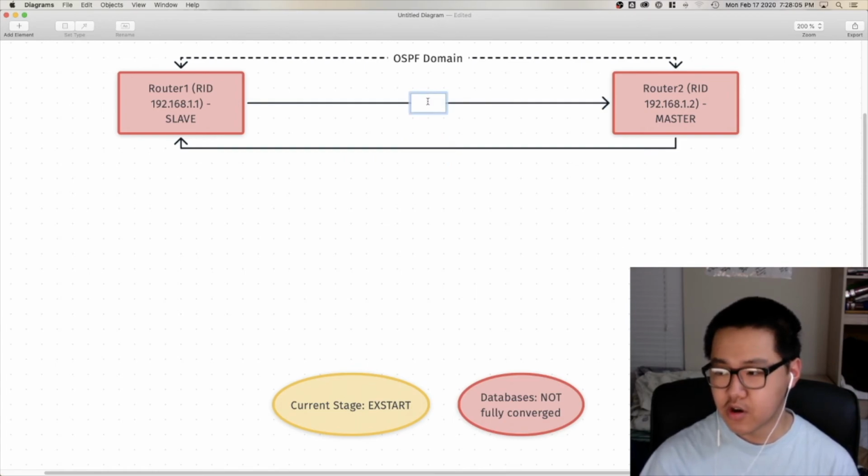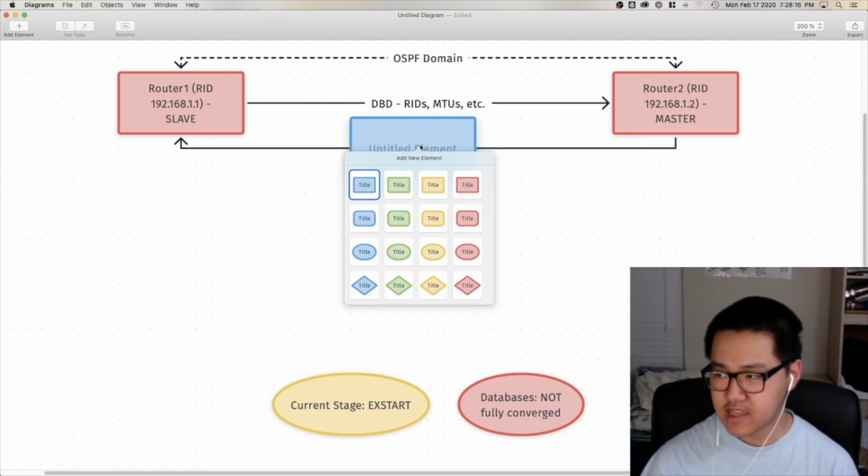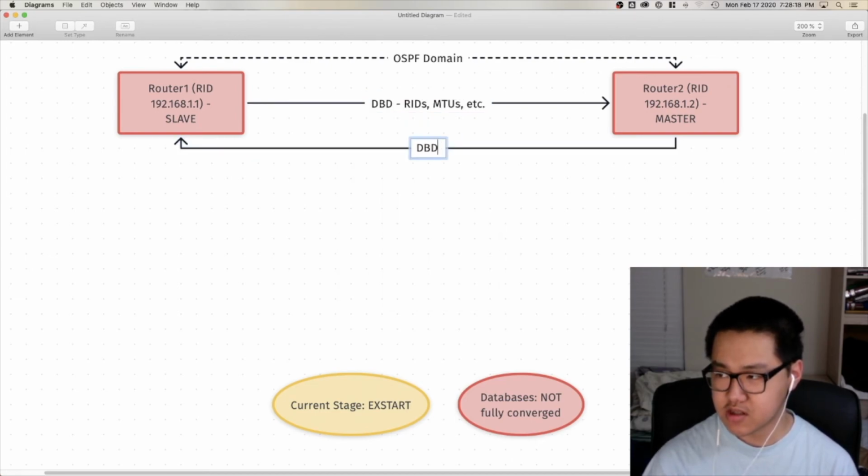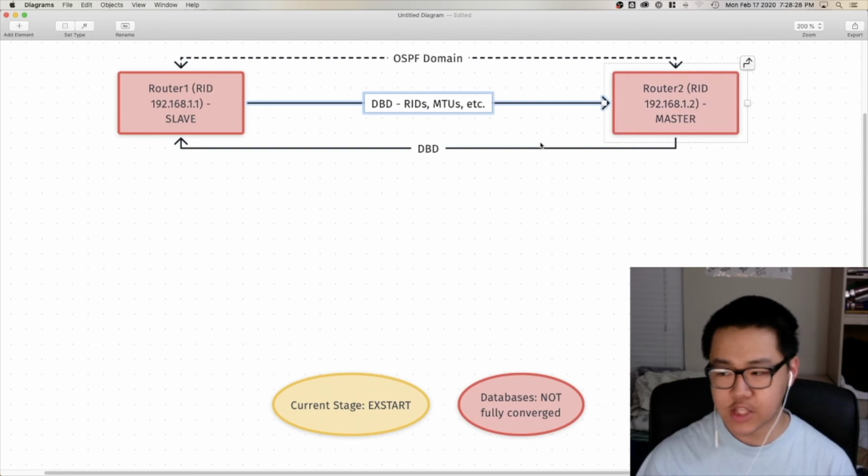Alright, cool, we're in exstart. We've exchanged database descriptors that contain our RIDs, our MTUs, our database descriptors, right? So now R1 knows that it's a slave and to listen to R2's sequence numbers. That's basically all the important stuff that exstart does.